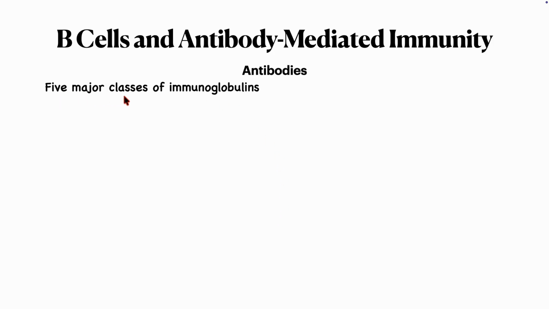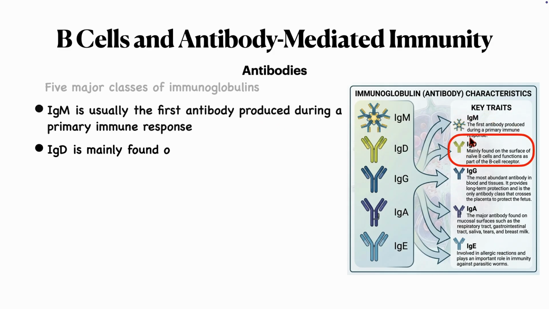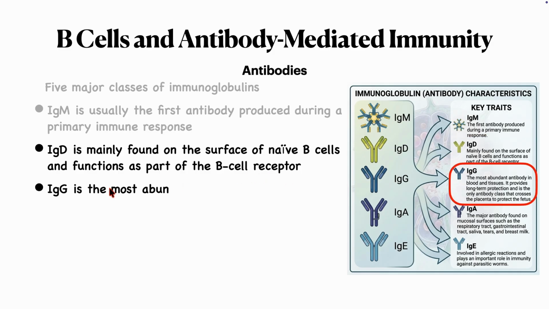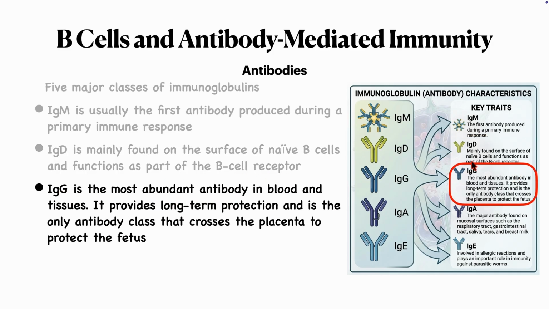Let's now discuss antibodies. There are 5 major classes of immunoglobulins. IgM is usually the first antibody produced during a primary immune response. IgD is mainly found on the surface of naive B cells and functions as part of the B cell receptor. IgG is the most abundant antibody in the blood and tissues.